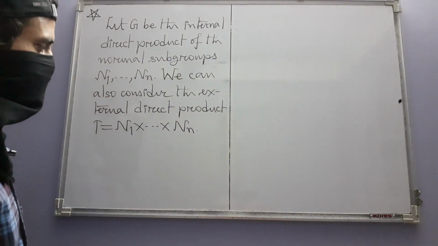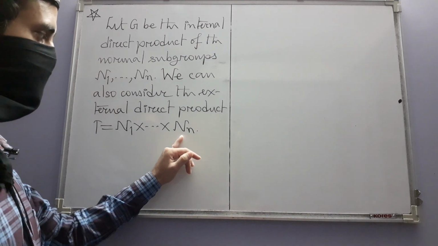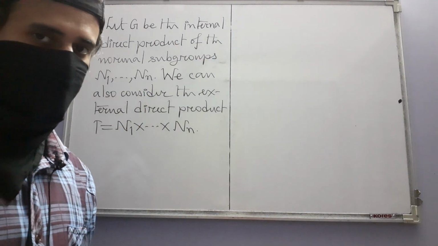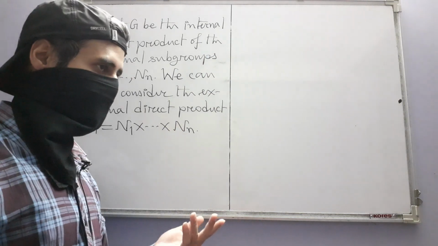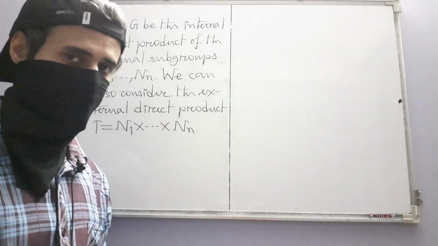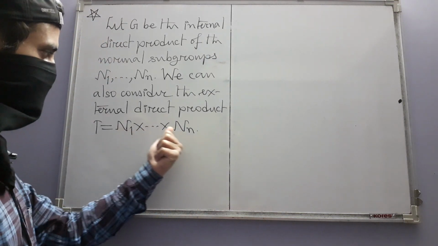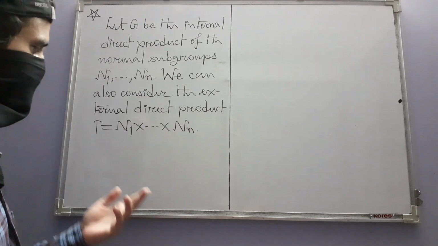Why? Because the Ni's, after all, forgetting that they are all subgroups of G, we can treat them as groups in their own right, and that is why their external direct product can also be considered.